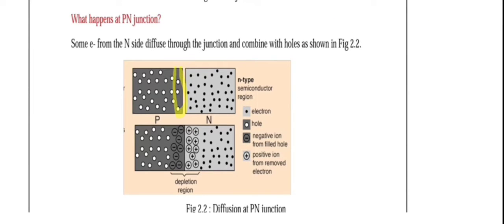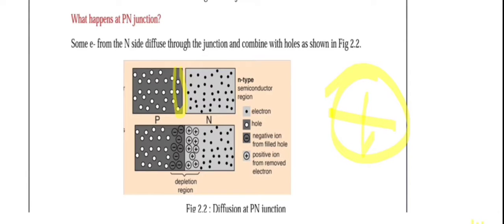What will happen when an electron combines with a hole, or when an electron is lost from the atom? It will become a positively charged ion. We know an atom has an equal number of electrons and protons, right? So when an electron is lost from it, positive charge will be more.